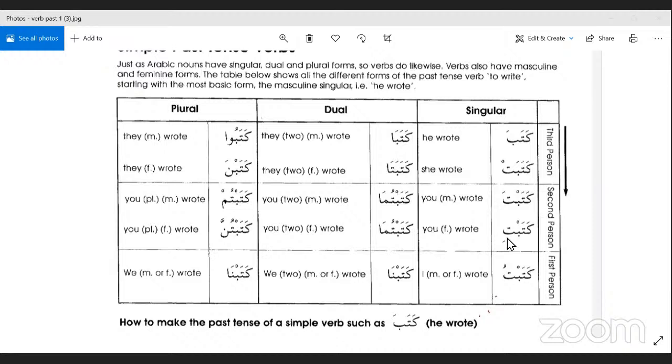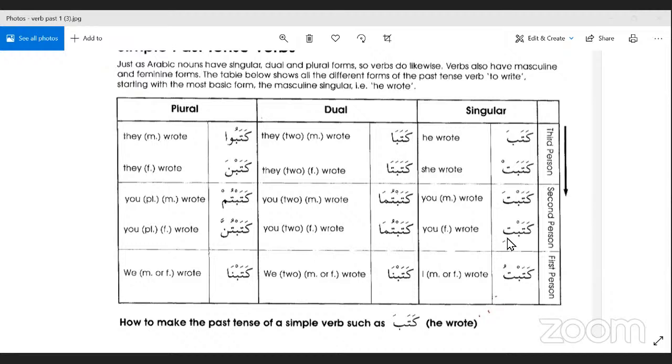Now katabtuma. The pronoun antuma is going to be for katabtuma, and the translation will be you two females wrote, performed the action.